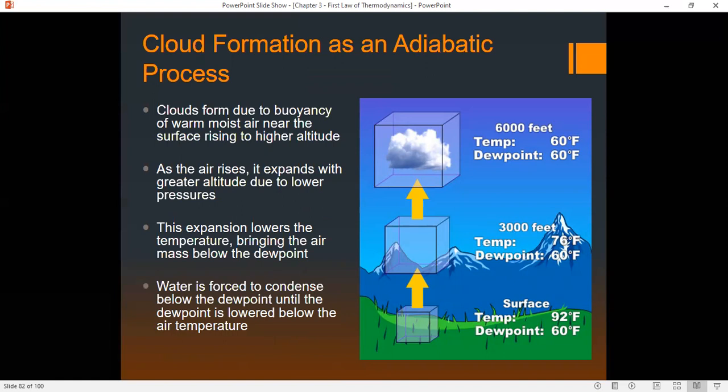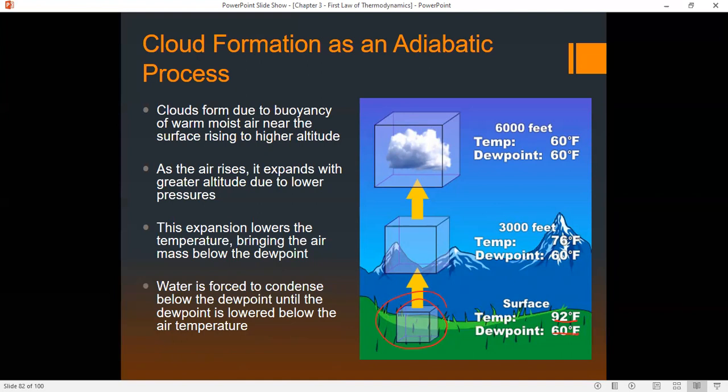So let's look at some practical applications of adiabatic processes. Here we have, on a nice summer day, sunlight hitting the ground, heating up the air, and it gets hot, and it also gets humid, okay? What is going to happen to that air?